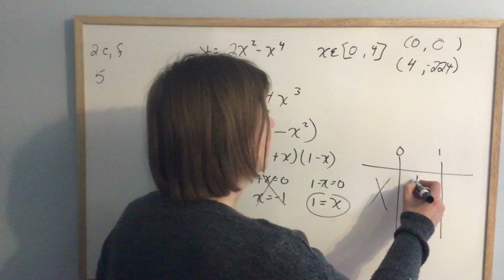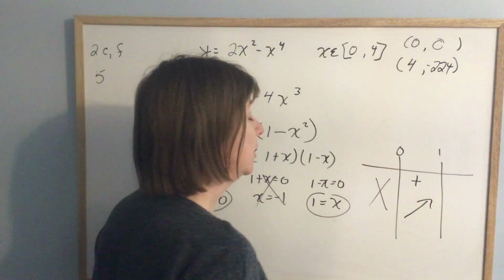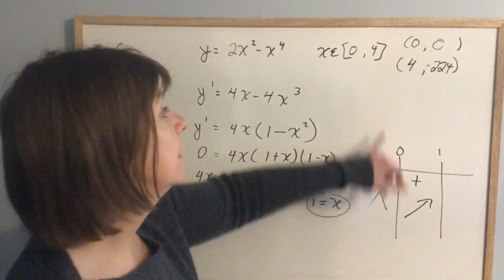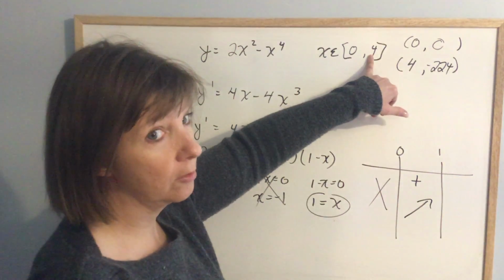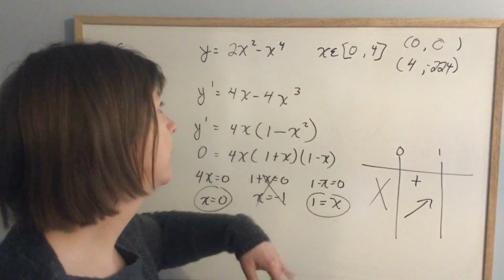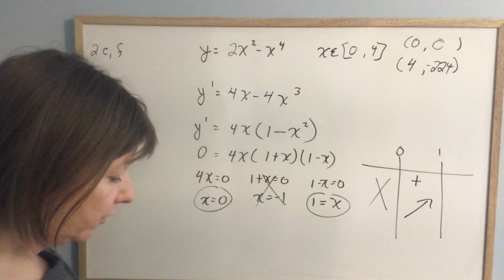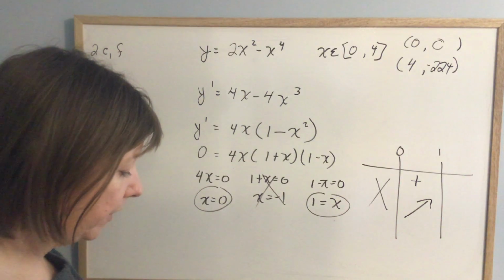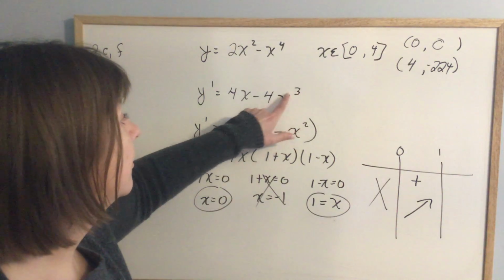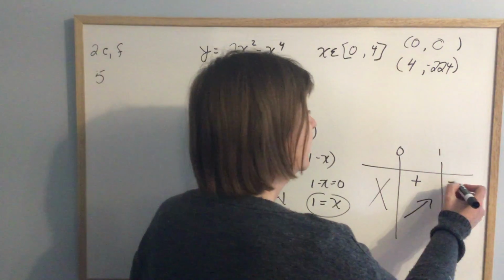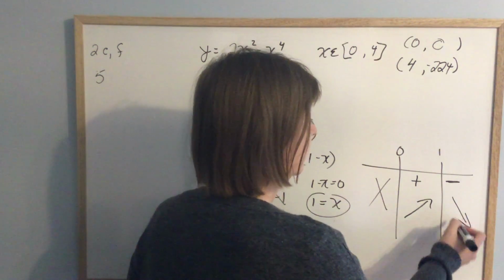I get a positive answer, which means it's increasing. After 1, I can pick any number after 1 as long as it doesn't go above 4. So I'll pick 2. And I'm going to put it back into my derivative. So 4 times 2 is 8 minus 2 cubed is 8 times 4 is 32. So I get a negative answer, which means it's decreasing.